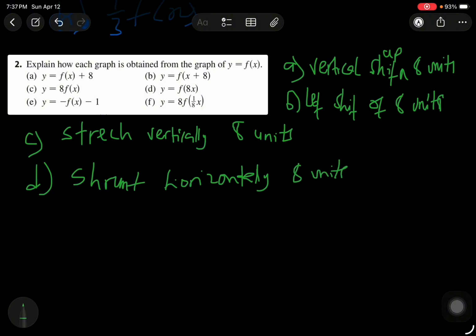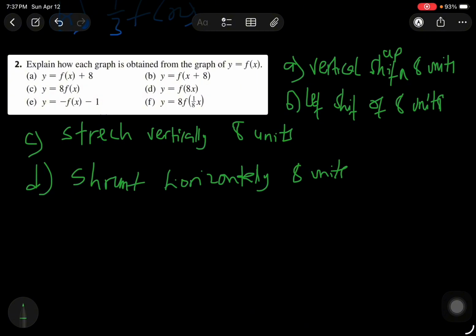Take note, when it's vertical, you're going to use a number. When it is horizontal shrinking, you multiply it to the number itself. But if it's a stretching horizontally, you use the reciprocal of the number. For stretch, you use reciprocal, and for shrink, you use the original number itself.